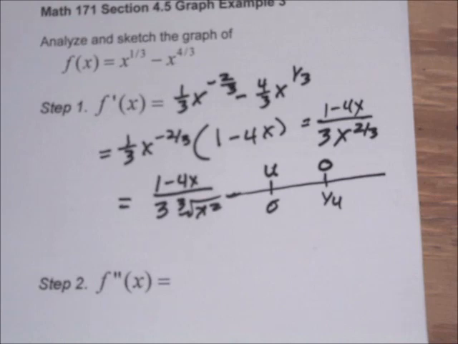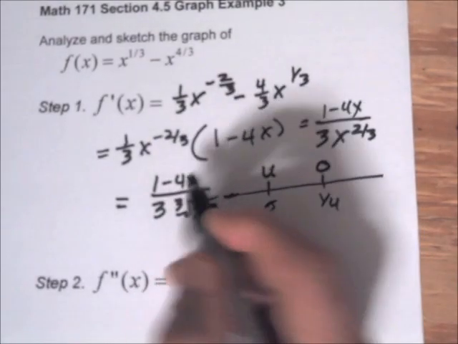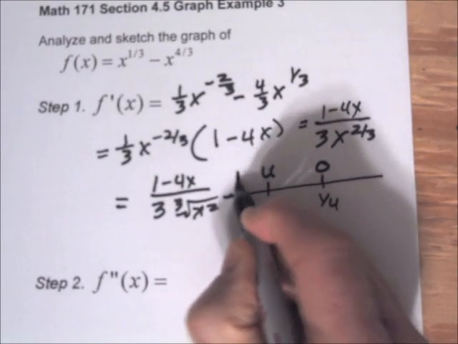to determine the sign. So if x is less than 0, for example, if x is negative 1, the denominator is going to be positive, and the numerator will be positive. We put in x equal to negative 1 here, so this is going to be positive.